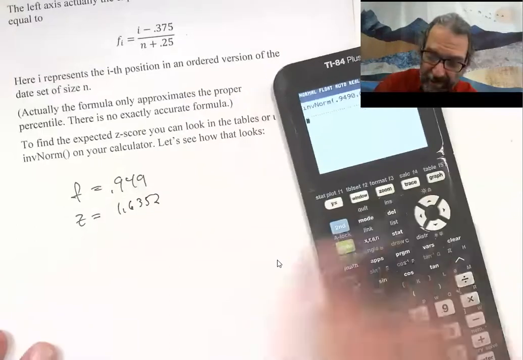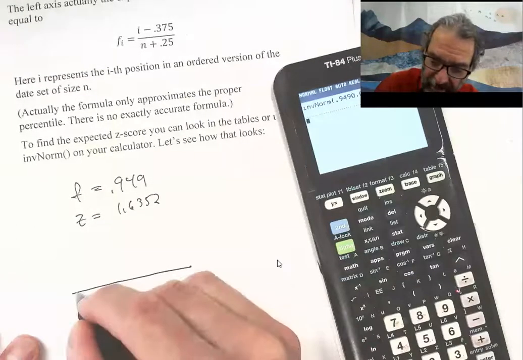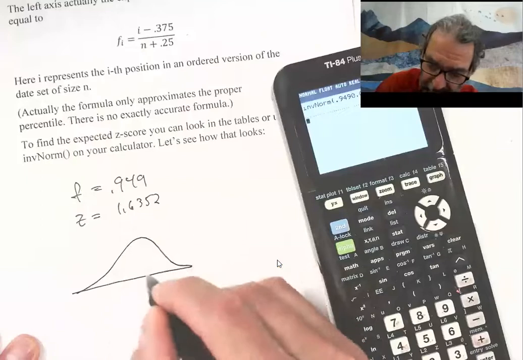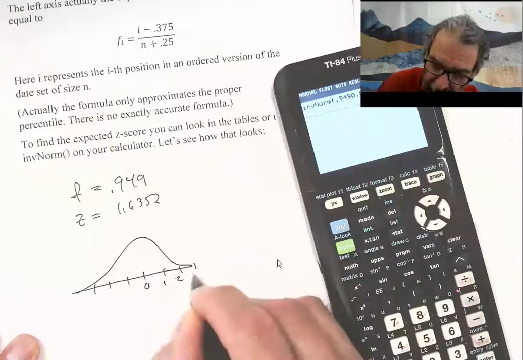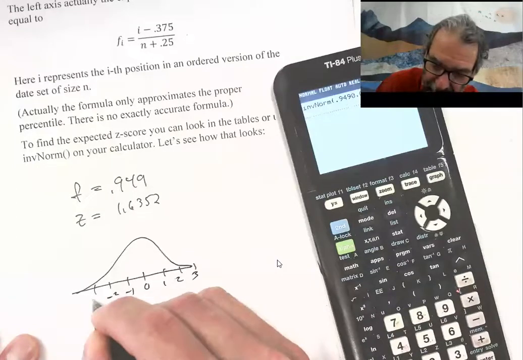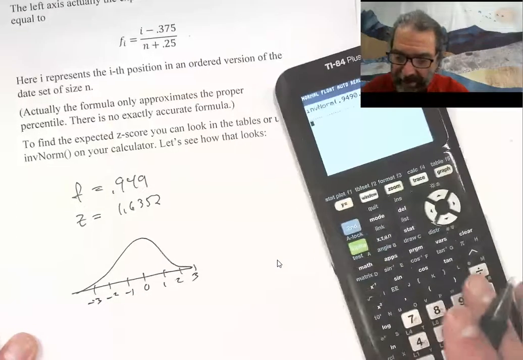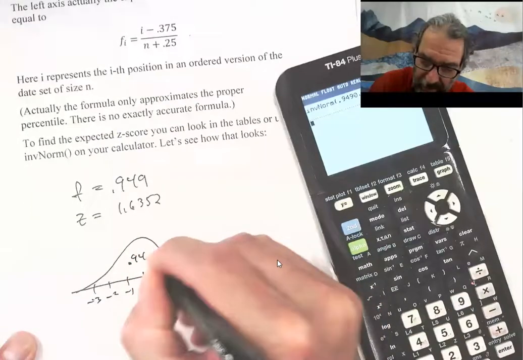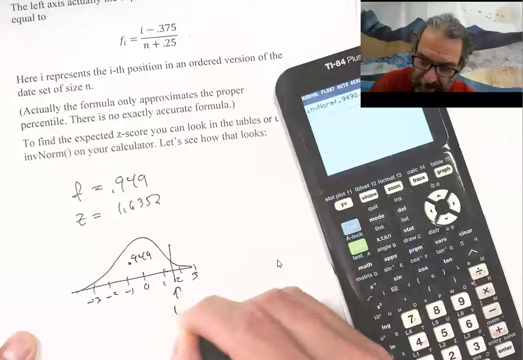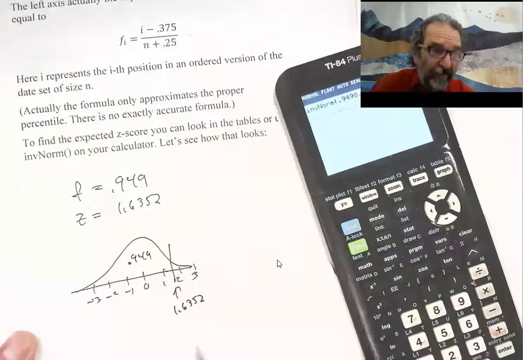So what that says is, if here's a standard normal, which I'm just sketching out here, if I want the position, so this is 0.949 here, that position is 1.6352, like that.